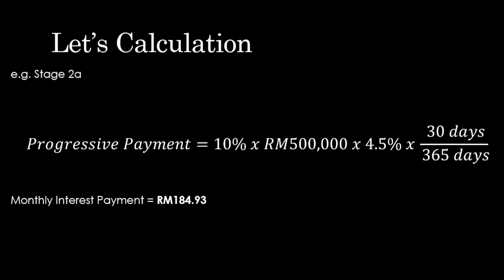Now each development, the whole entire progressive payments will take up to about 10% of the actual cost of the loan price. So if that property is around 500,000, the progressive payments could cost around 40 to 50,000 just on the progressive payments.